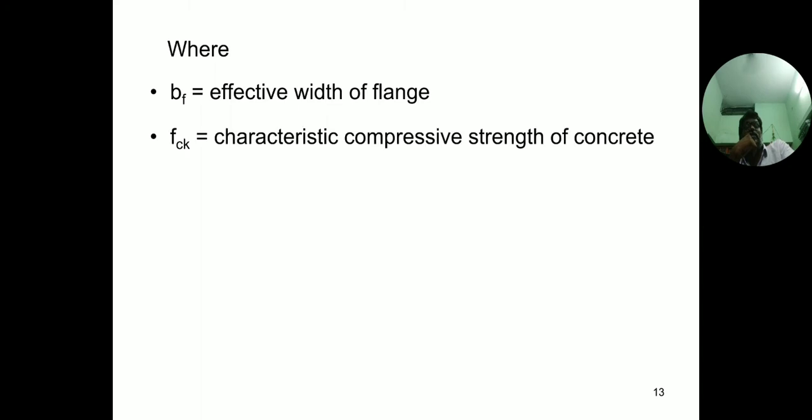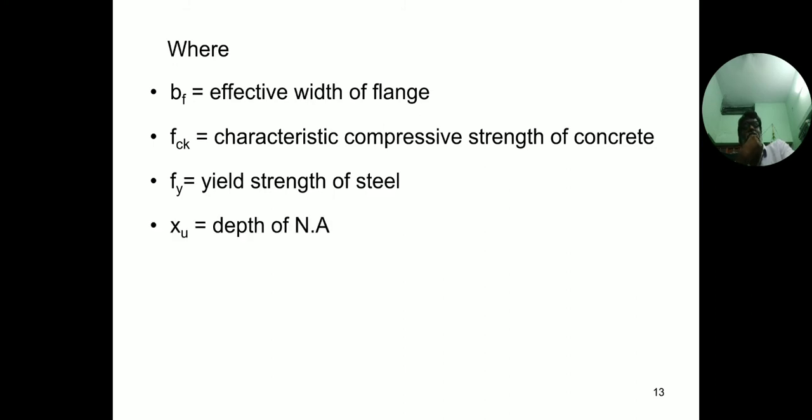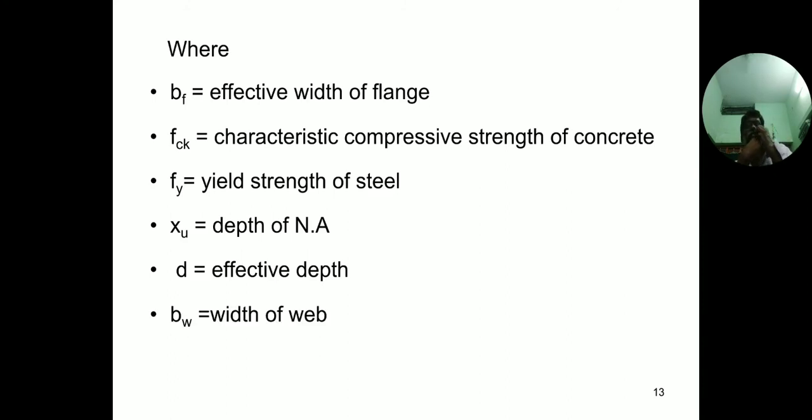BF is the effective width of the flange, FCK the characteristic compressive strength of concrete, Fy the yield strength of steel, XU the depth of neutral axis, D the effective depth, BW the width of the web. Note down.